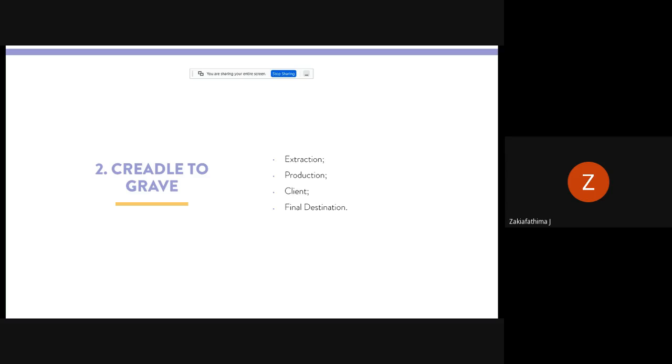And then comes the third process, cradle to cradle, where you return your product to the productive cycle. This one will have a never ending cycle. You start with the extraction, you manufacture it, and then you sell it to your consumer, or you sell it to a company who is going to sell it to the consumer. And once the consumer is done with the product, it is sent back into the productive cycle.